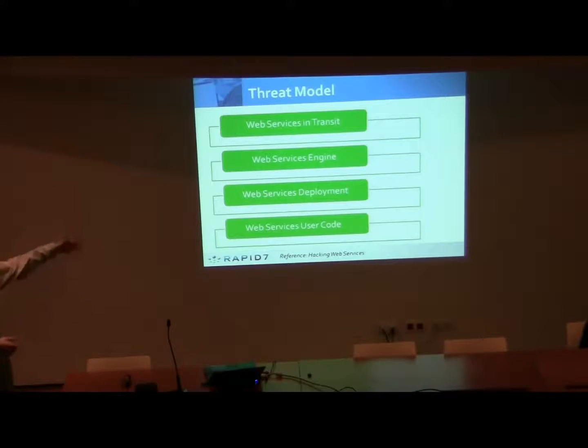And then the other layers: when you're parsing the responses, that's the engine itself; then the deployment of the actual services, where you ask whether the controls are set up in such a way that this user should be able to do this, so you're setting up your roles and such; and then the user code, being able to say, does this web service actually perform the functions that I wanted it to perform?